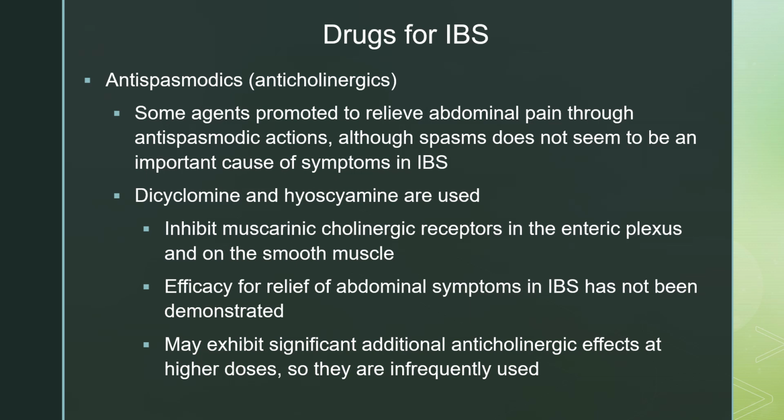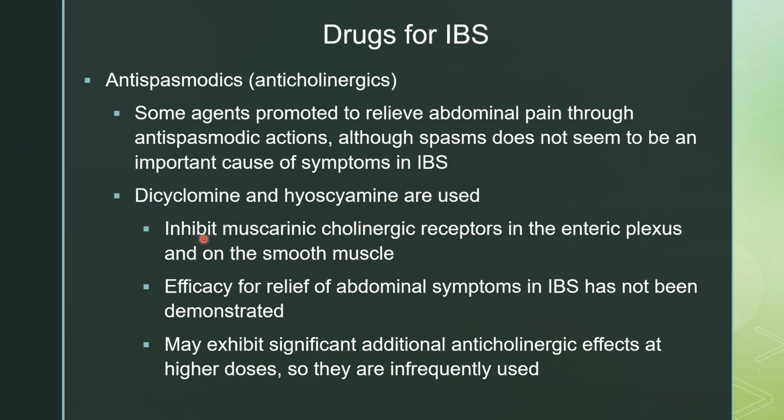Now for your antispasmodics, your anticholinergics for irritable bowel syndrome. Some agents are promoted to relieve abdominal pain through antispasmodic actions. Though spasm does not seem to be an important cause of symptoms in irritable bowel syndrome, you can use your dicyclomine and your hyoscyamine.